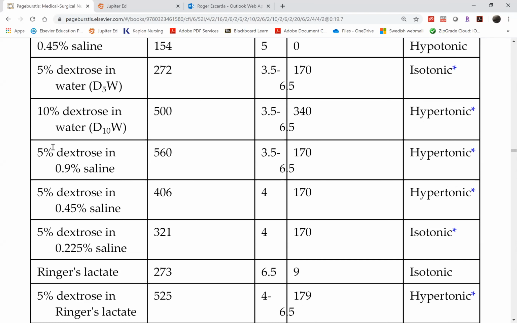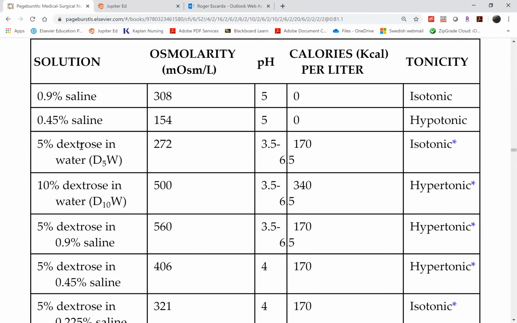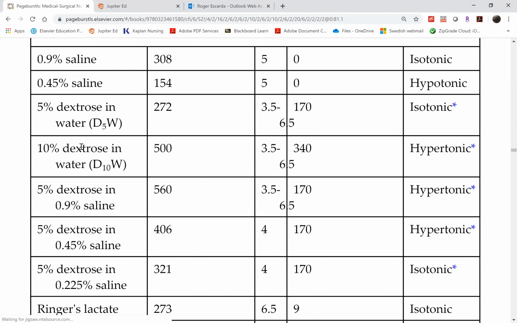You added 5% dextrose to it. It's no longer isotonic because this now has more solutes in it. So you increase the concentration of the fluid by adding dextrose. You added sugar into it, making it hypertonic. Are you with me so far? So which are your isotonic again?